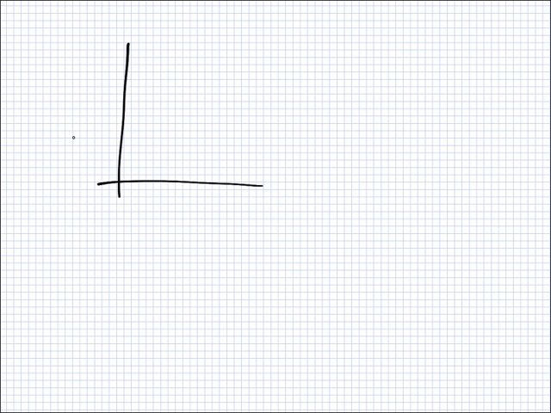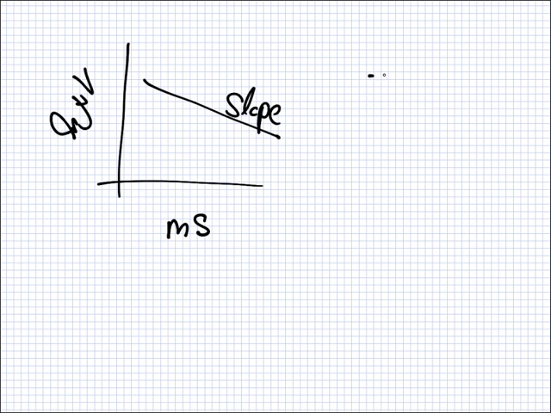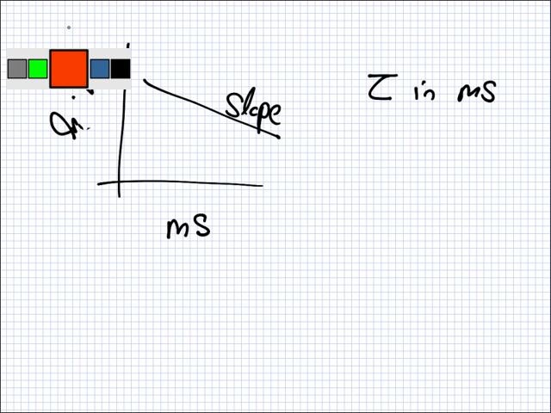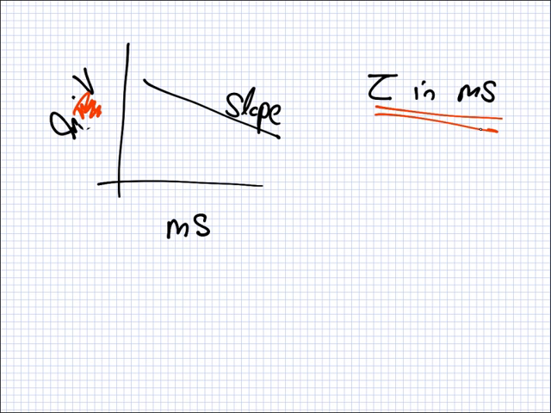If here you use log microvolts and here you use milliseconds, and you get the slope, the tau will be in milliseconds. Now, if you don't use micro, say you use milli or something else, this doesn't actually change. It's still milliseconds because this is milliseconds.